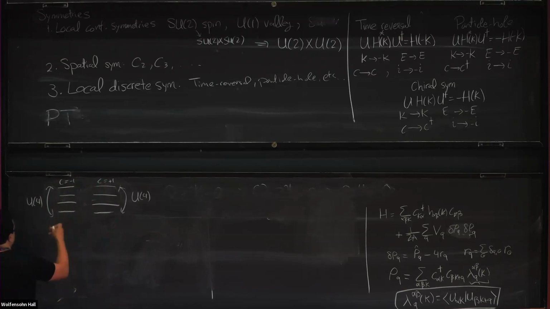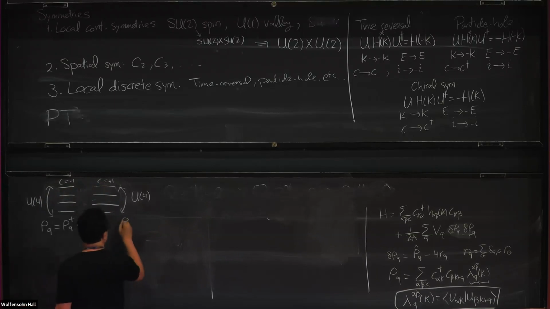And what this tells me is that the density now has a simple form, which is rho Q plus rho Q minus, and this rho Q plus minus.